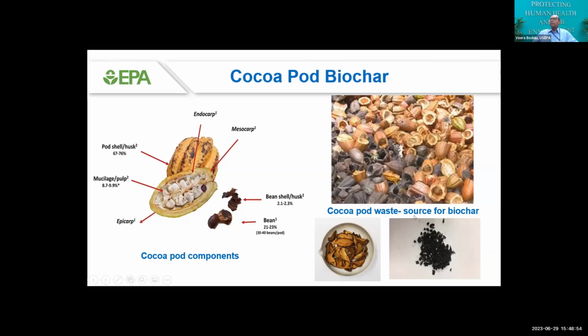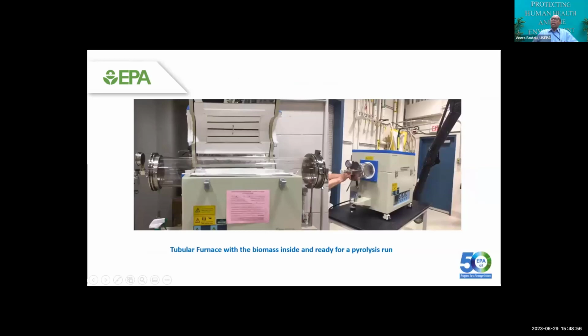Now we'll go into the details of how we made it in our lab system. This is the facility that I had in my lab at USDA Peoria. We have a nominal 6-inch diameter, about 40-inch quartz tube in a split furnace, and we have end connectors, which facilitate control of the environment under pyrolysis.